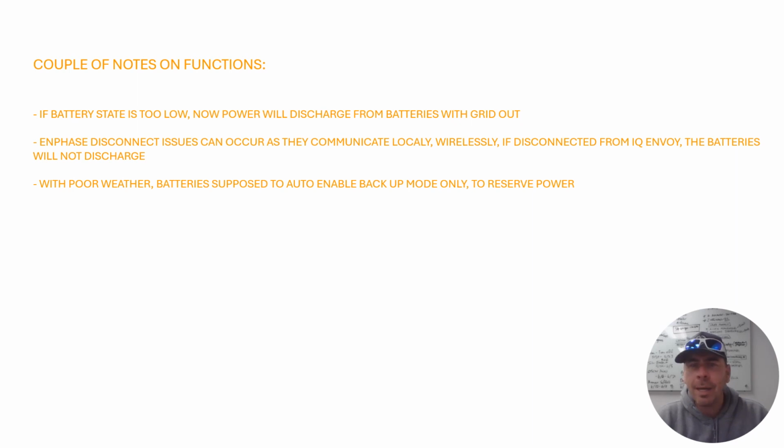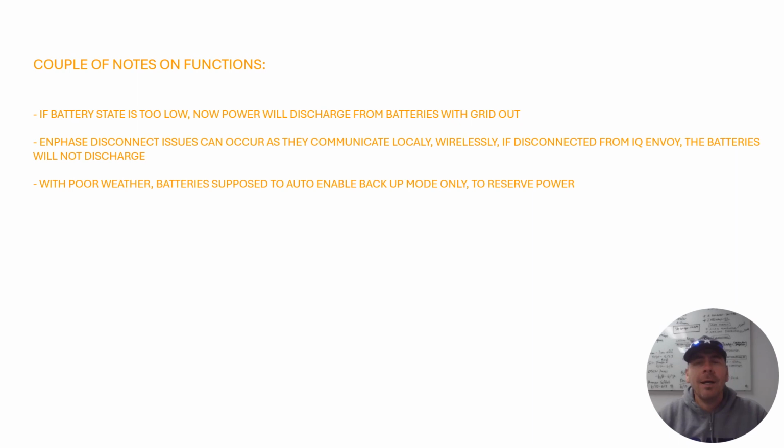Poor weather. Batteries are supposed to enable backup mode only to reserve power. So sometimes you won't see your battery discharging, and it might raise an alarm for you. Like, oh wait, how come my evening battery power is not taking care of the loads in my house and it's not discharging?